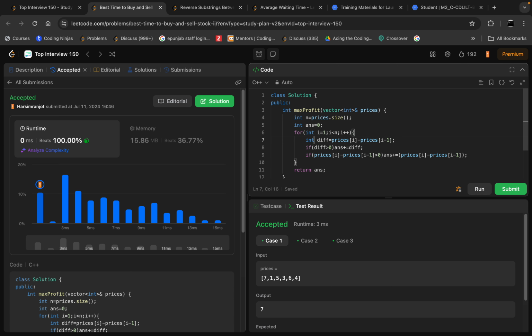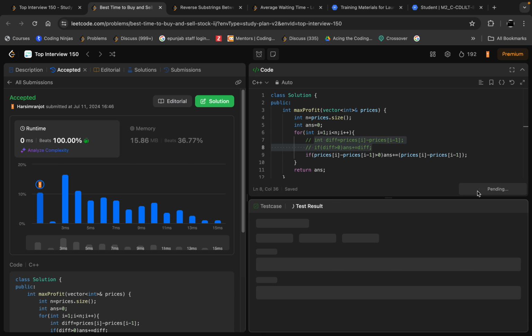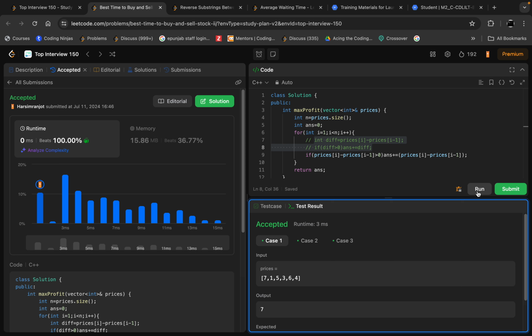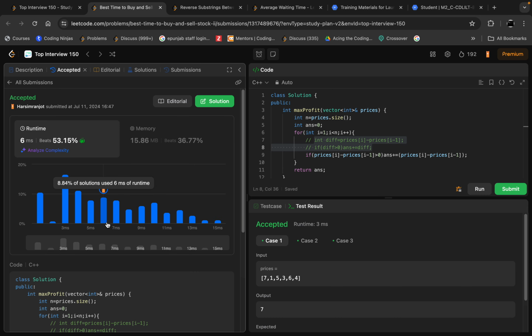So if someone thinks that I am continuously declaring this, we can prevent this also, but for the ease of clarity I have done this, right? So basically, even if we take a variable or not, it hardly matters. We are actually doing our operations in O of one space. So that's what the thing is.